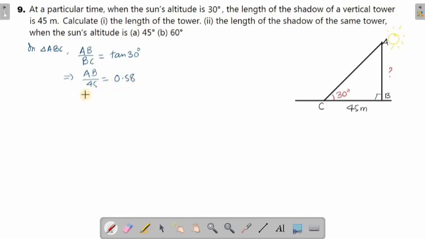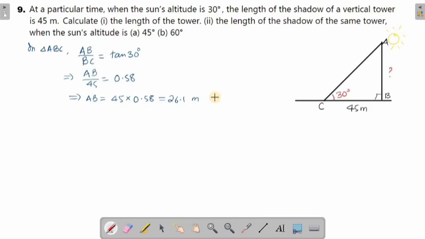So from here, what is AB? AB turns out to be 45 into 0.58. So this is your AB. Let's quickly calculate how much this is. 45 into 0.58. When you multiply, you get 26.1. So AB equals 26.1 meters.